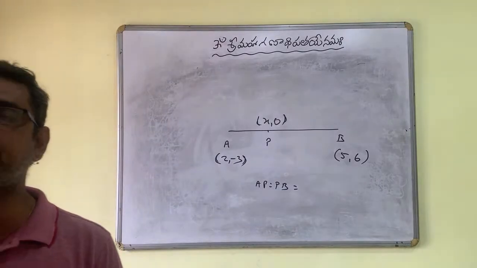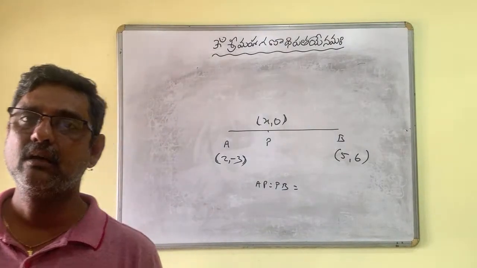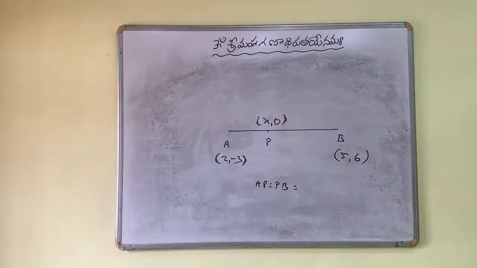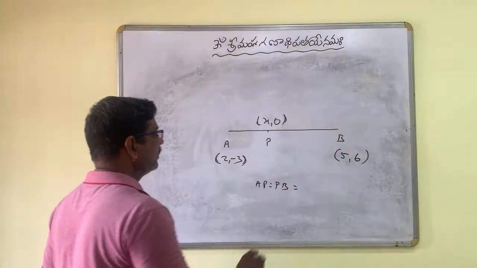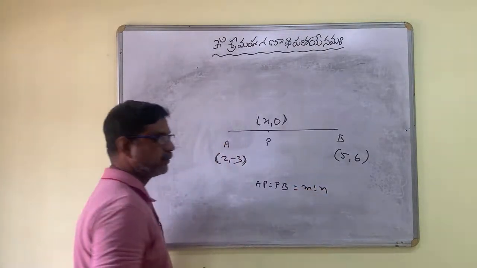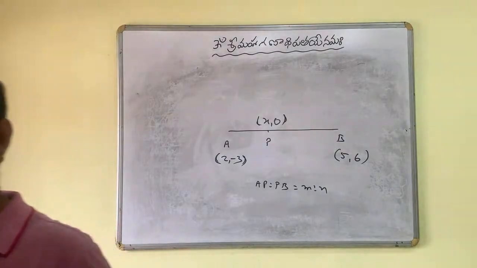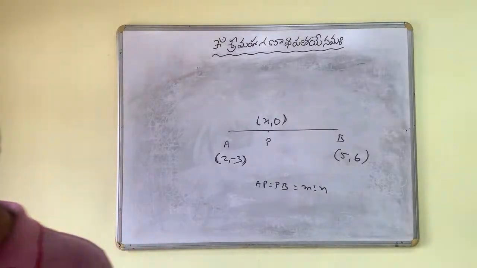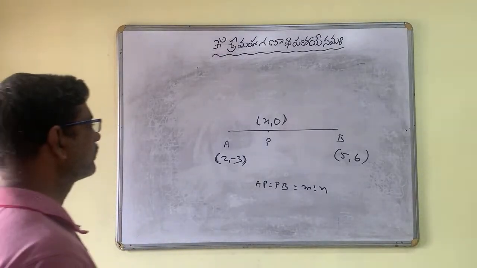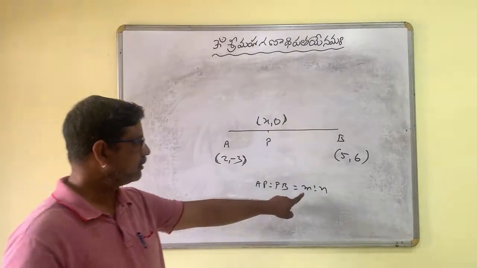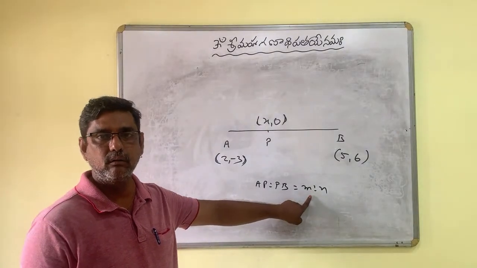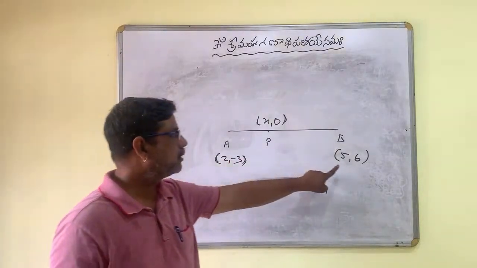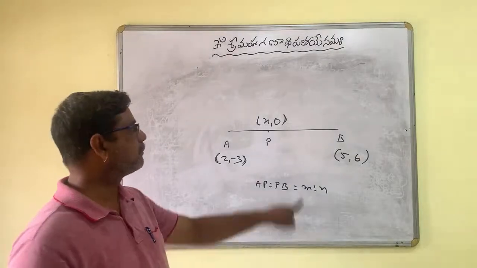If the question says divided by the y-axis, you have to take the p coordinates as (0, y). And you need to find out the ratio. This is the question, the fourth model.